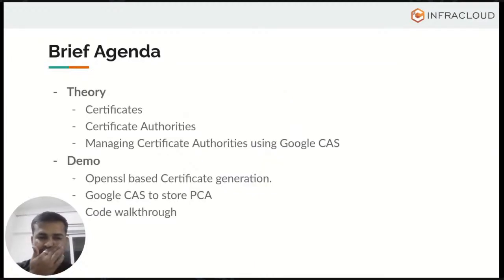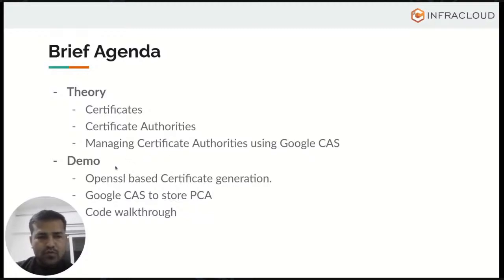The brief agenda for today is in two parts, theory and demo. We will quickly see what certificates are and how they are used, and why we should use them. Then similar things for certificate authorities as well, why, what, and how. In the last part, we will see how to manage certificate authorities using Google Cache.